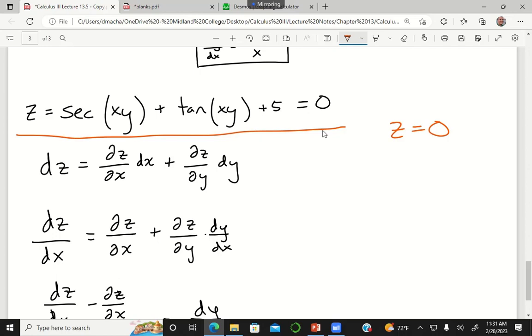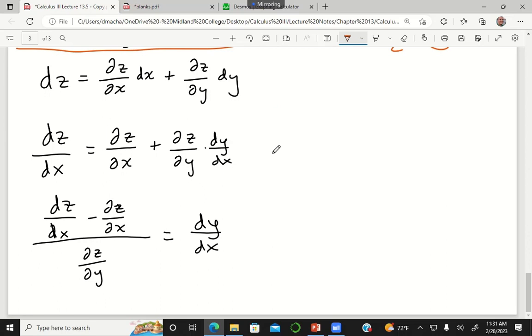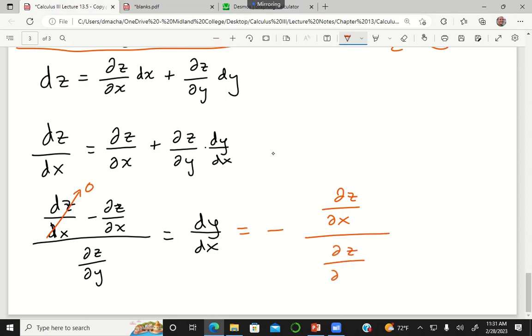Z equals 0 is a constant, so the derivative is 0. Yeah. So then that goes away to 0. Cool. So if we were doing it this way, what you need to find is negative partial z partial x over partial z partial y.